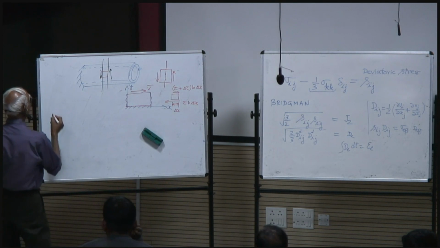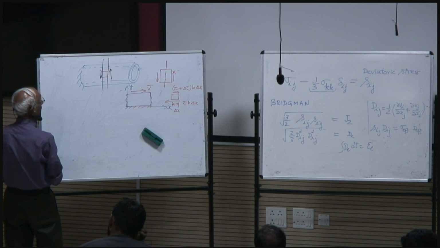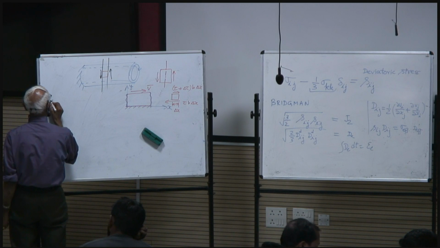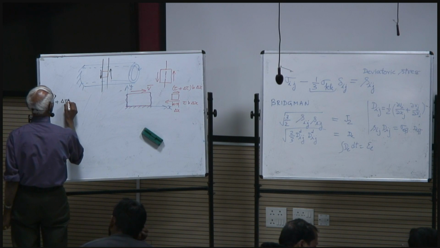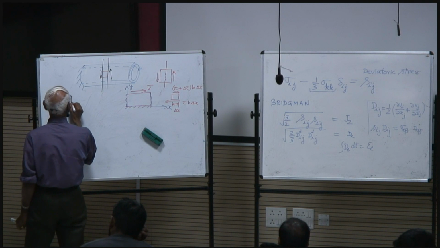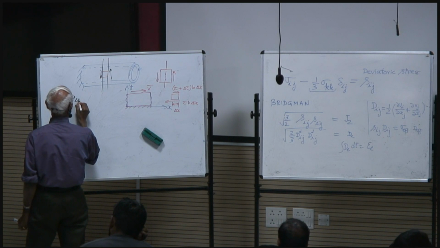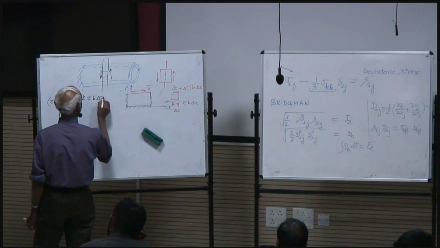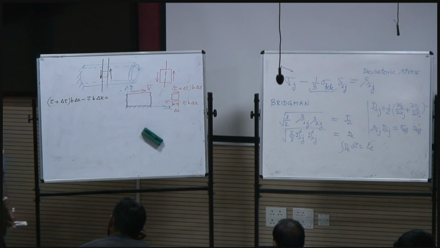and the equation of motion will be then force in the x direction. So that's tau plus delta tau times b delta x minus tau b delta x equals mass times acceleration.